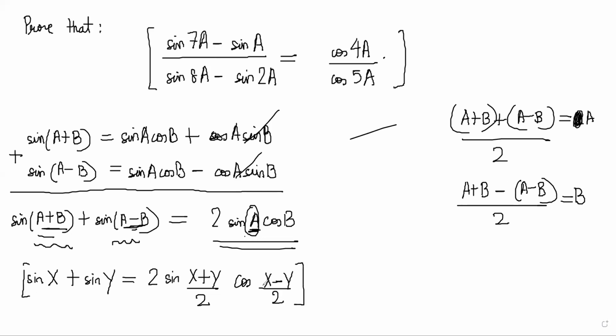Why is this going to be useful for us? You could get situations where a sine and a sine are being subtracted. I need to be able to simplify this somehow because this subtraction doesn't help me a lot. I know now how to add two sines, and the answer can be written in the form of a product.